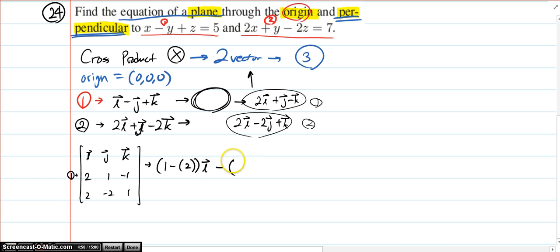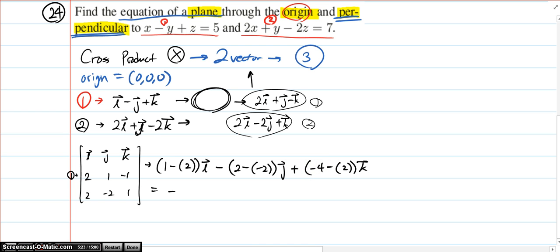It's minus, then ignoring the j row, it's 2 times 1, which is 2, minus negative 1 times 2, which is negative 2, times j. Now it's plus, ignoring the k row, it will be 2 times negative 2, which is negative 4, minus 2 times 1, which is 2, k.